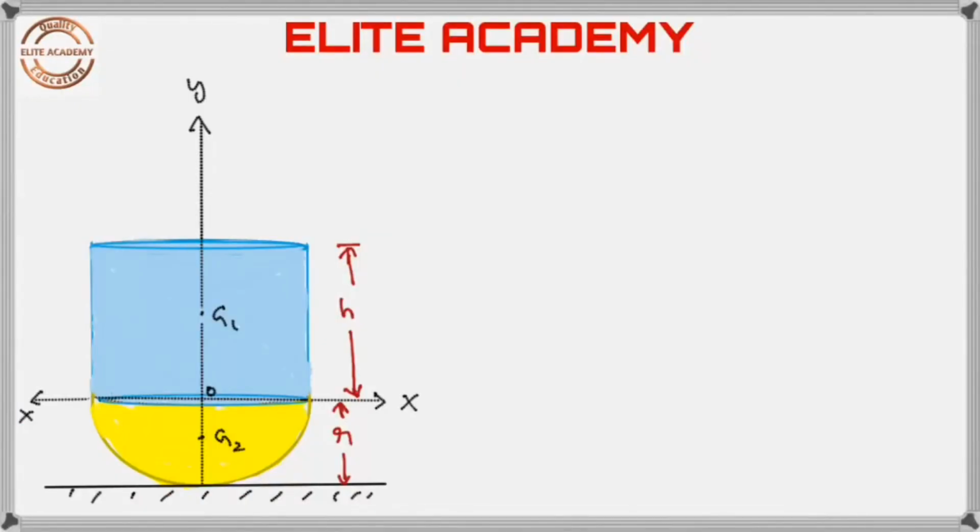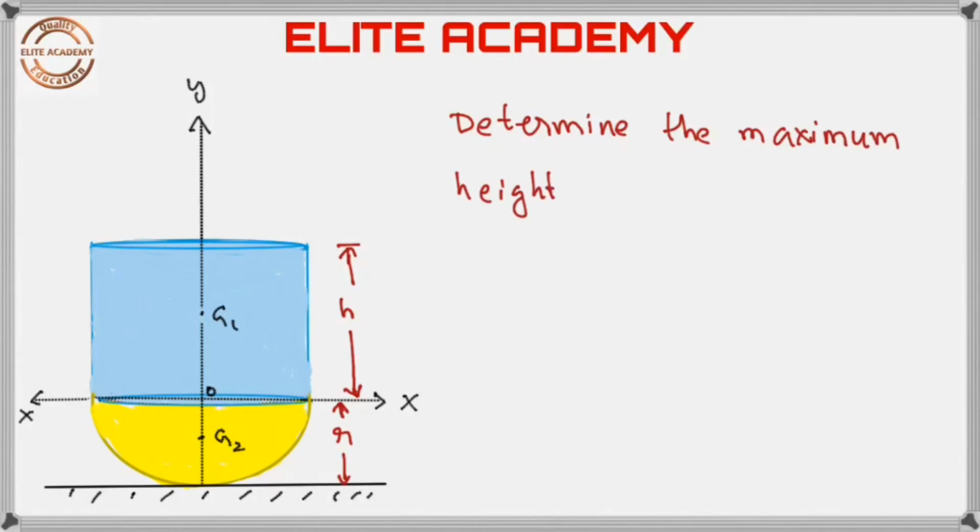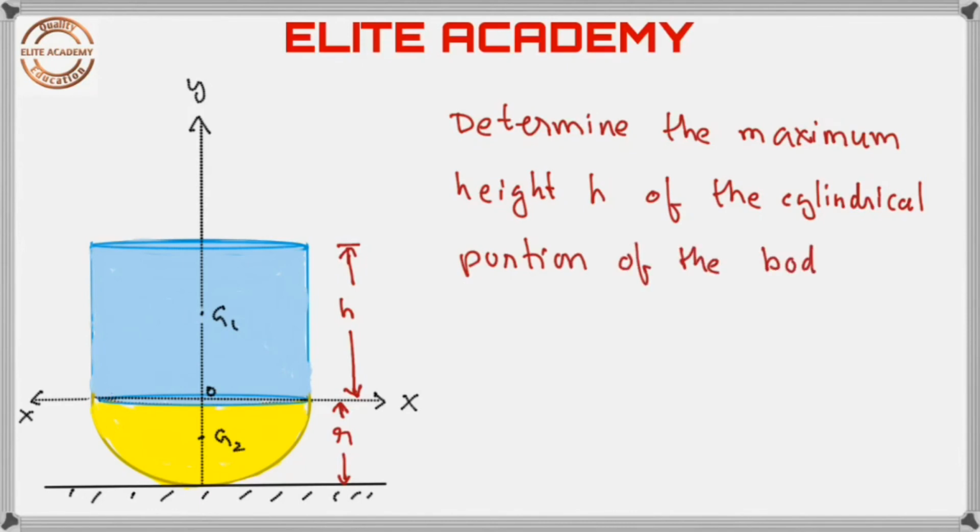This solid is in the form of a cylinder with hemispherical base. Let h be the height of the cylindrical part and r is the radius. So you have to determine the maximum height of the cylindrical part, so that the body remains in stable equilibrium.